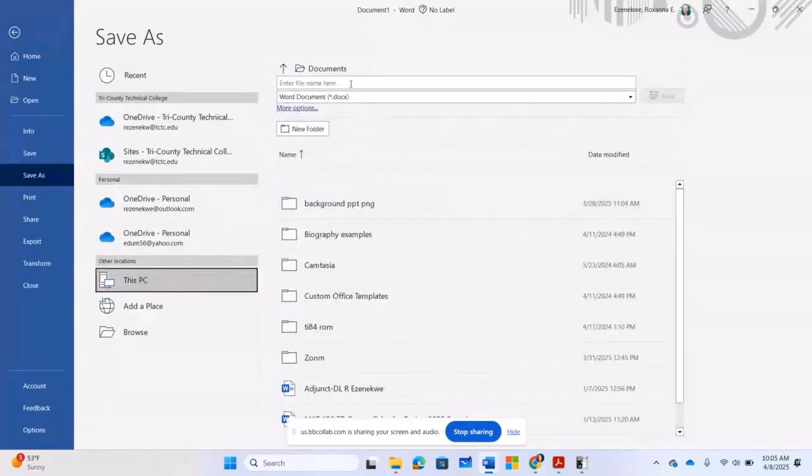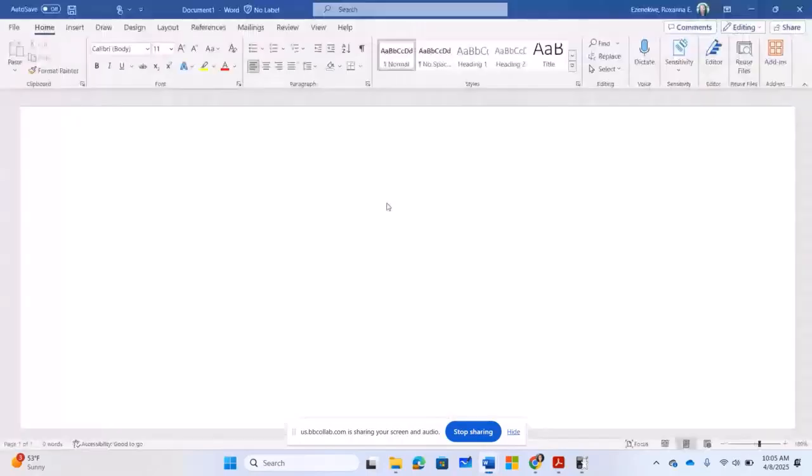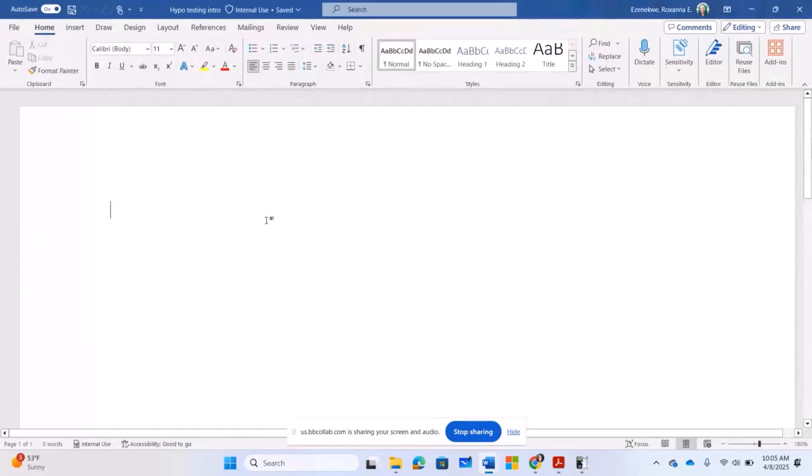Examples, hypothesis testing intro. All right, so I am going to save it right here on the desktop. Okay. All right, 6 steps in hypothesis testing.